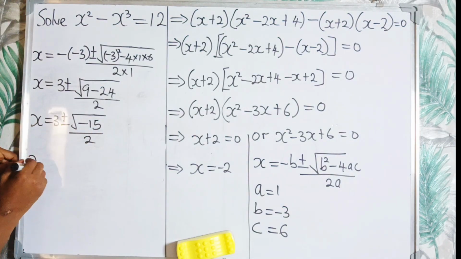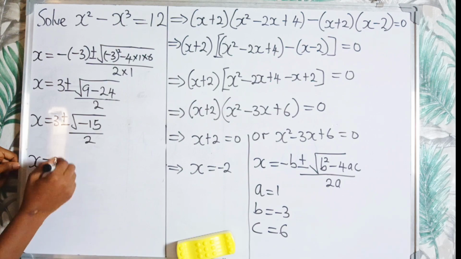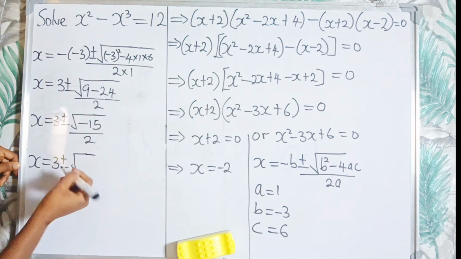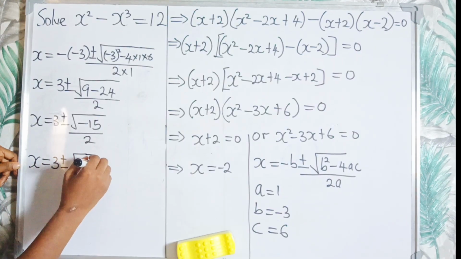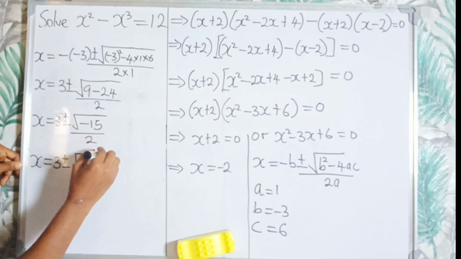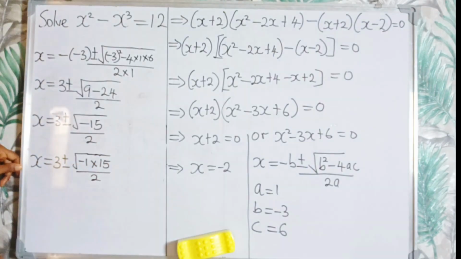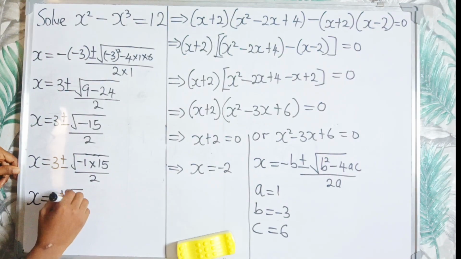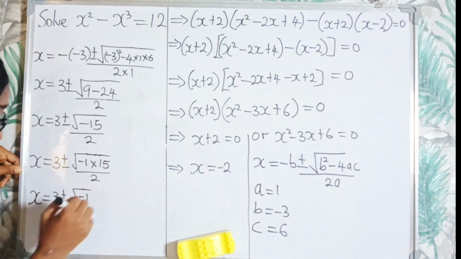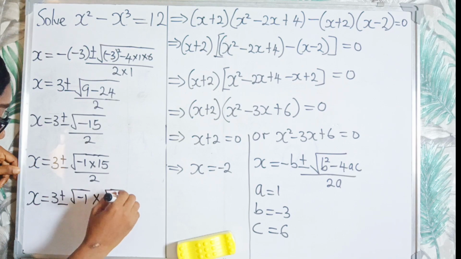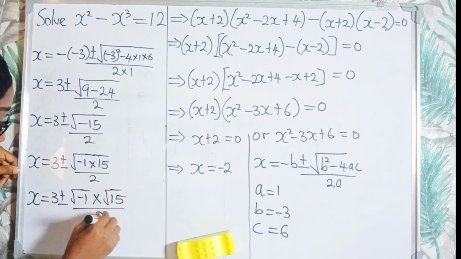And this can be written as x is equal to 3 plus or minus the square root of minus 1 times 15, divided by 2. So our x can also be written as 3 plus or minus the square root of minus 1 times the square root of 15 divided by 2.